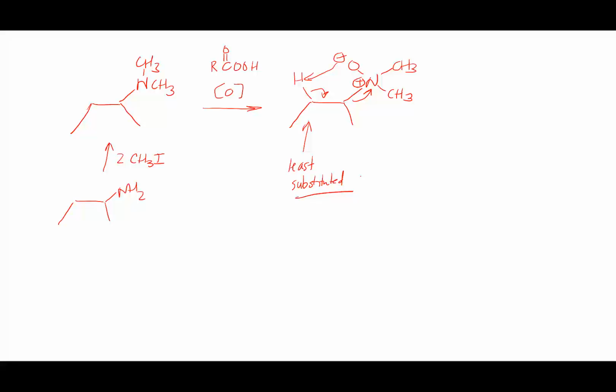And so this elimination also produces the least substituted double bond. But now instead of the beta hydrogen and the leaving group having to be anti-periplanar, they have to be coplanar, because I'm going to form this 5-membered ring transition state. And this is called Cope elimination.